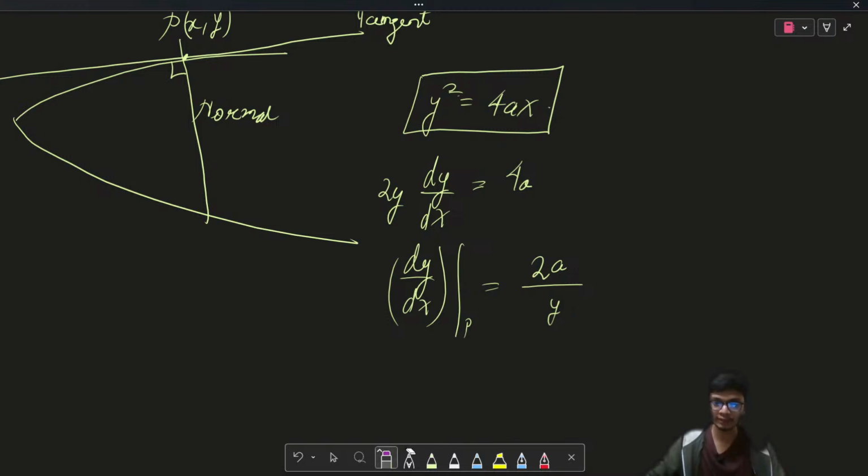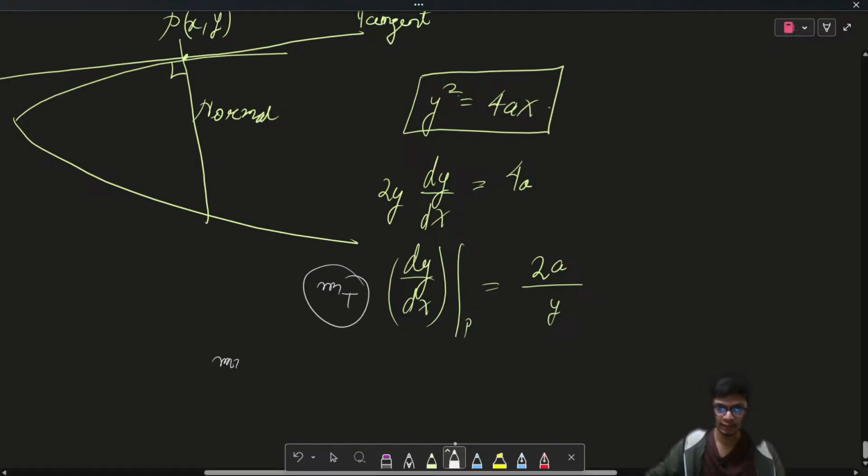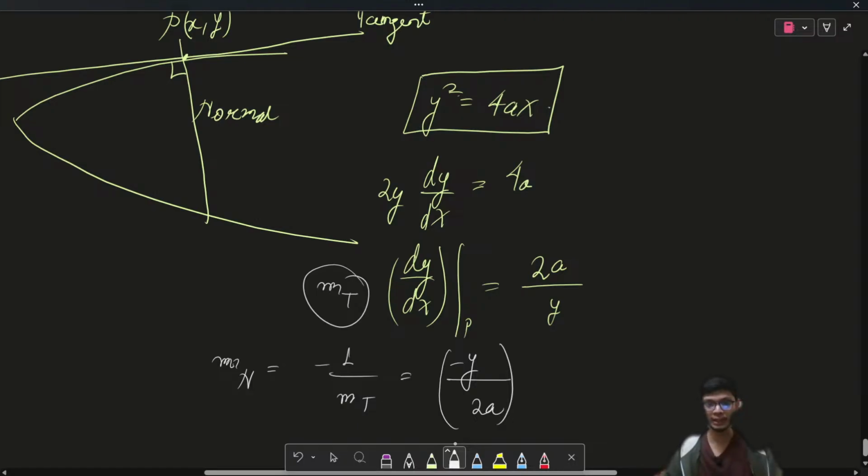Since normals are perpendicular to the tangent, from the slope of the tangent we can obtain the slope of the normal. The slope of the normal is minus 1 upon the slope of the tangent, and that comes out as minus y upon 2a. So at any point P on the parabola, the slope of the normal is minus y upon 2a.